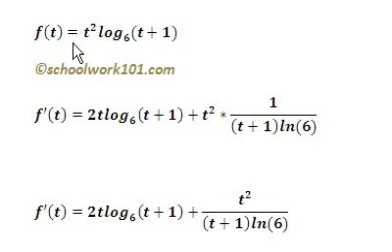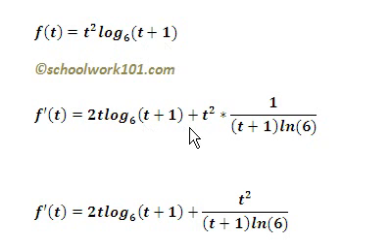We have f of t is equal to t squared times log base 6 of (t plus 1). We're going to take the derivative using the product rule. That is, we take the derivative of the first function first. So the derivative of t squared is 2t.